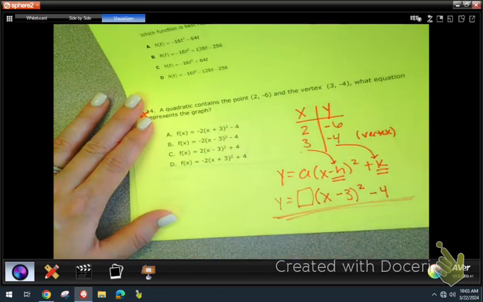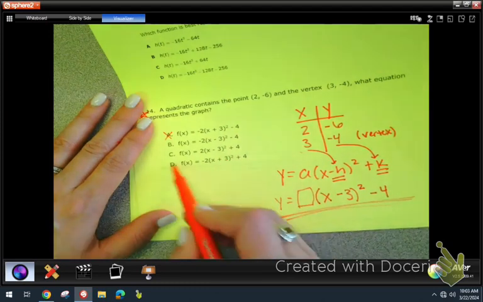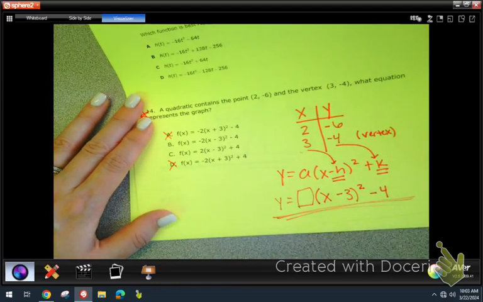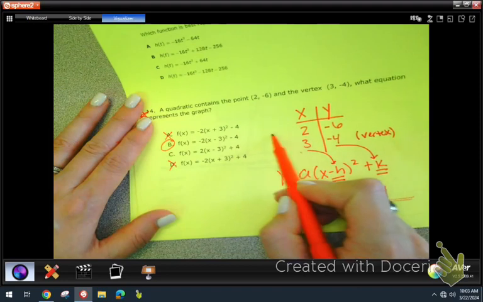But can you, knowing this, eliminate some of your answer choices? Yeah. A can't be right. Minus, minus. D can't be right. It's got to be minus, minus. So what does it have to be? B. Has to be B. But if you couldn't find it from there, what could you do?